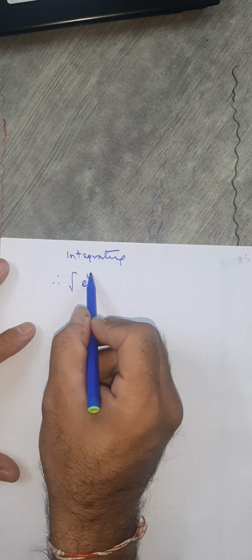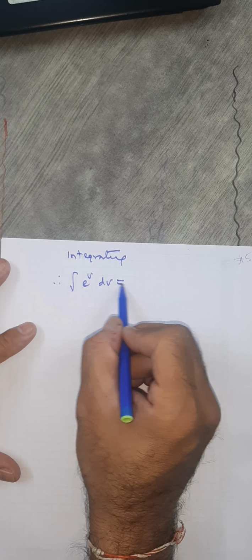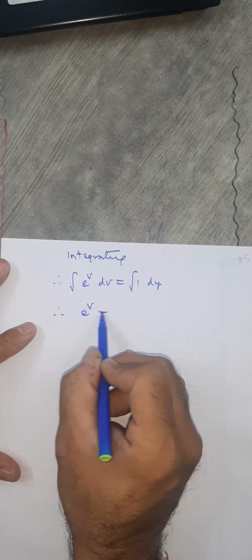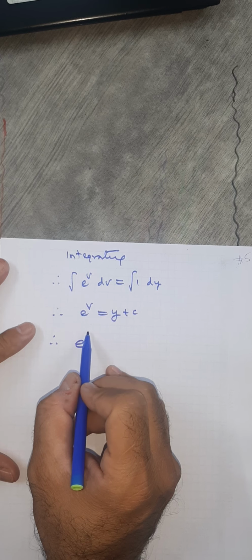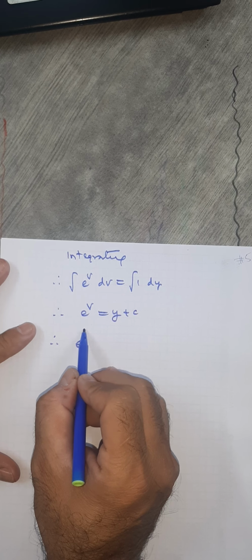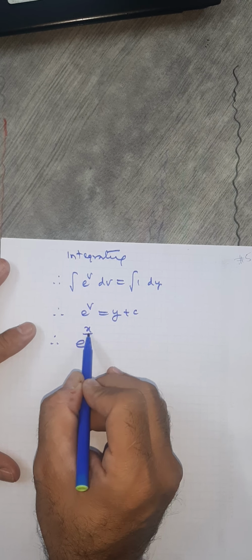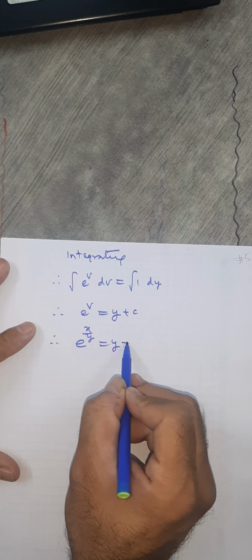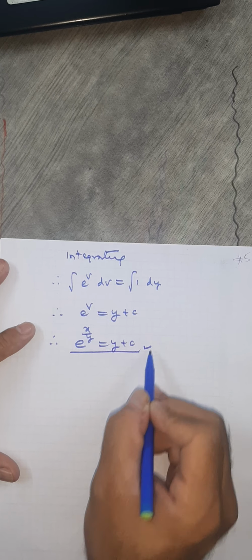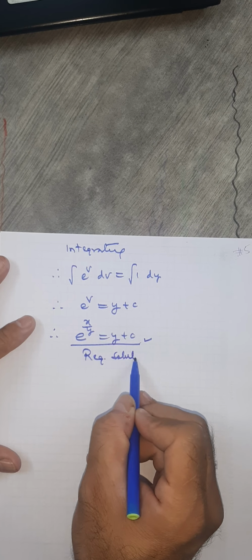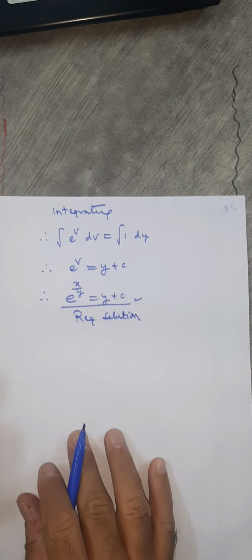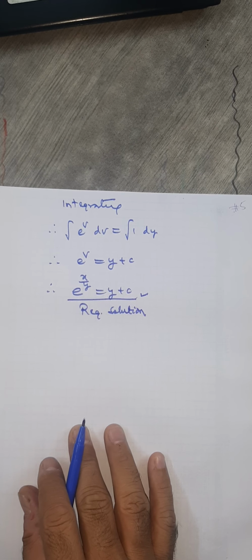So integral of e raised to v with respect to v equals integral of 1 with respect to y. e raised to v equals y plus c. Therefore e raised to v, what is v? Just go back to the beginning, v was x by y, so e raised to x by y equals y plus c. That's the required solution. I just did it for you, it's not difficult for you, I'm sure.